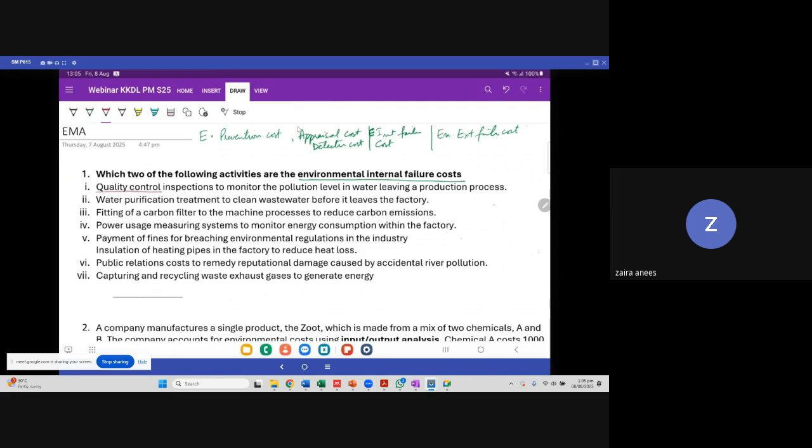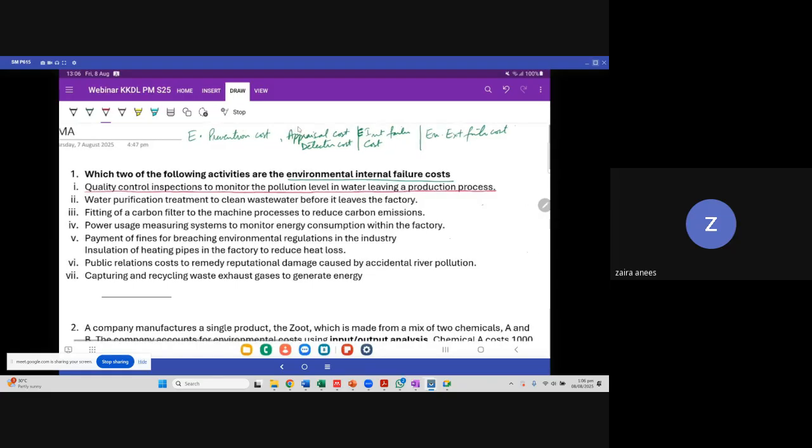Quality control inspections to monitor the pollution level in water leaving a production process. This cost belongs to which part?